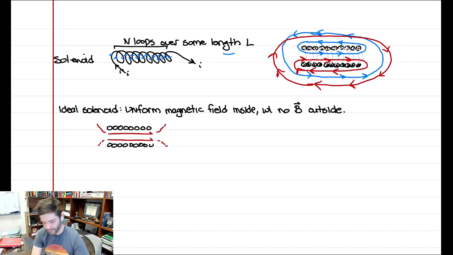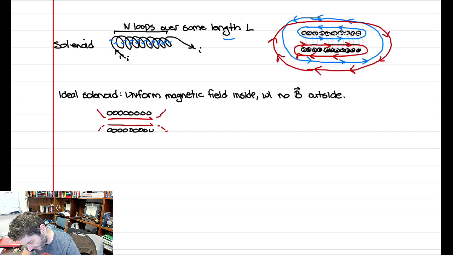As long as you're not really close to the edge of the solenoid, this is a very good approximation. And again, in the video that shows this with the iron filings, you'll see that when they turn the magnetic field on, only the iron filings inside the coil seem to move, where all the ones on the outside essentially do not budge at all. Again, demonstrating that the magnetic field does exist in between the coils, but is more or less 0 on the outside.